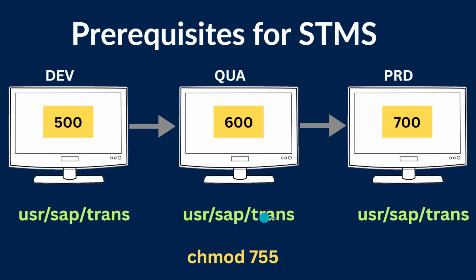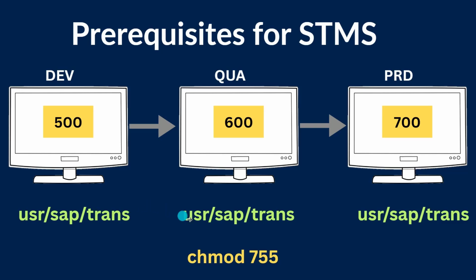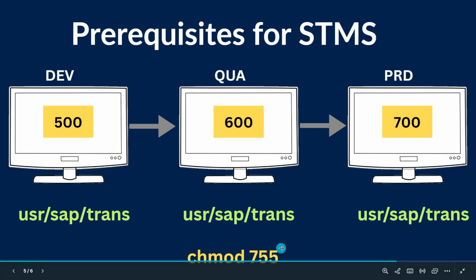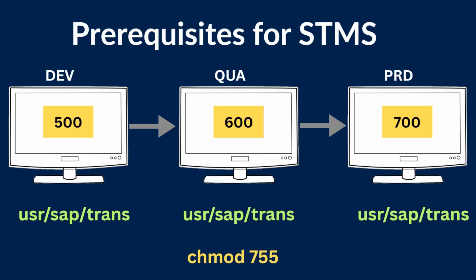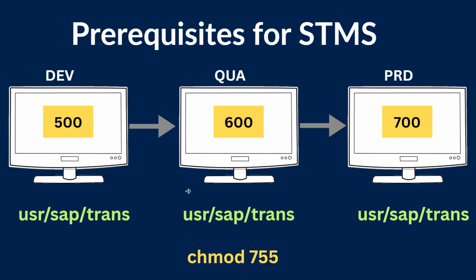And whenever we are moving the data from one system to another system, the data file and co-file will be generated, as discussed. So whenever we are moving the data, we need to give the proper read and write permissions to those files, for example using chmod 755, or whatever you require, so that we can move the files from one system to another system.